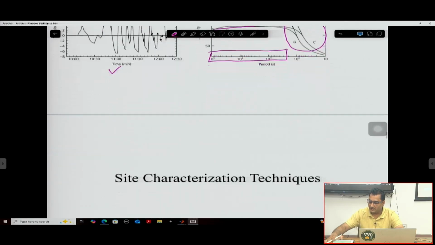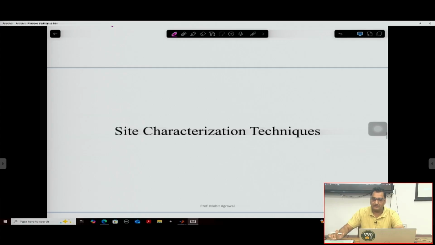Now, if we move further, we are going to start with the topic of site characterization techniques. So, if you remember, there was a surface, then we had a bedrock, and in between there were the soil layers. Okay. So, using PSHA and DSHA techniques, you can possibly find out what the motion is at this particular bedrock.